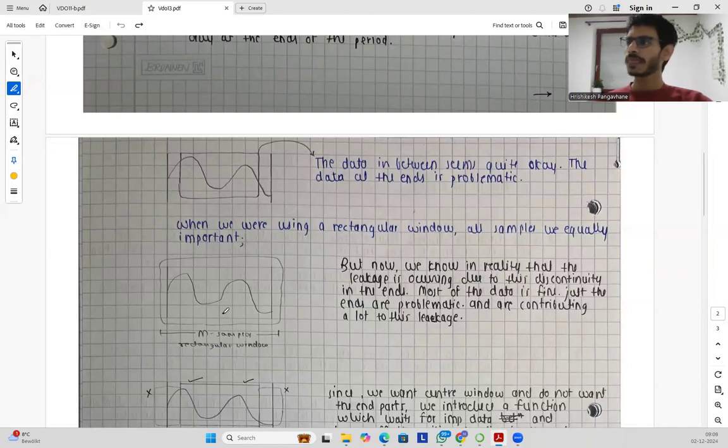But now we know that in reality the leakage is occurring due to these discontinuities at the ends, not throughout the data.